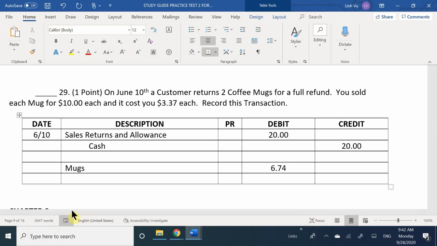Okay. What's our credit going to be now? Accounts receivable? Not accounts receivable, because this person did not owe us money. Cost of goods sold.